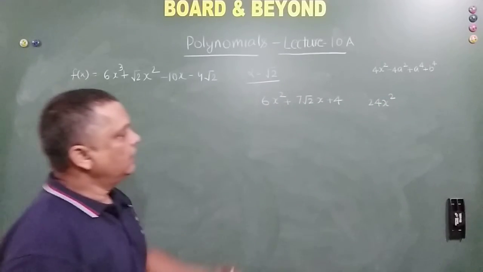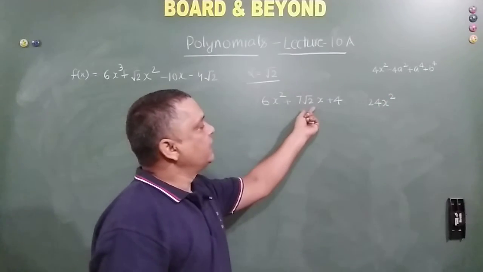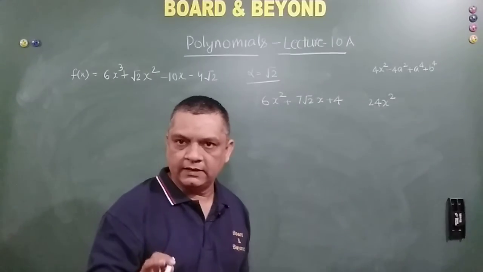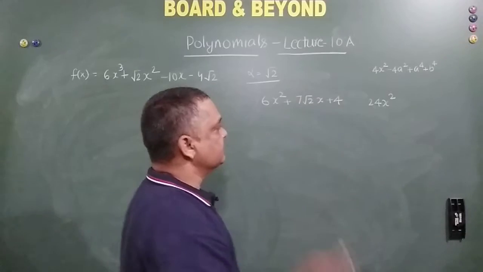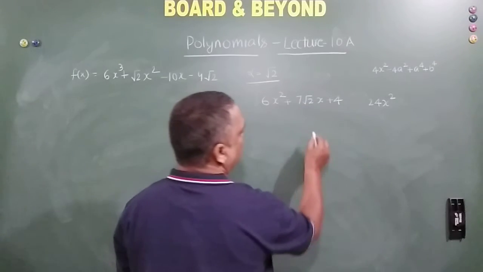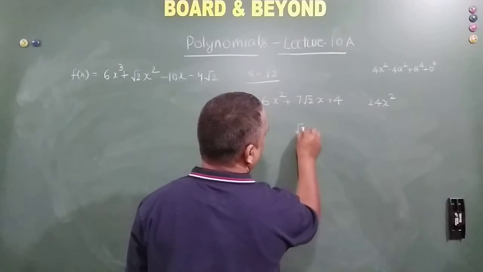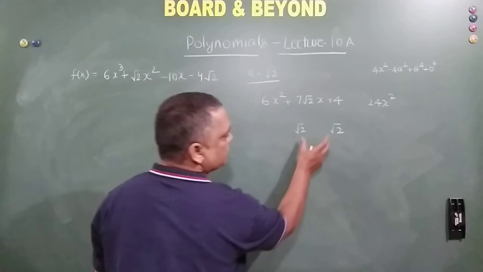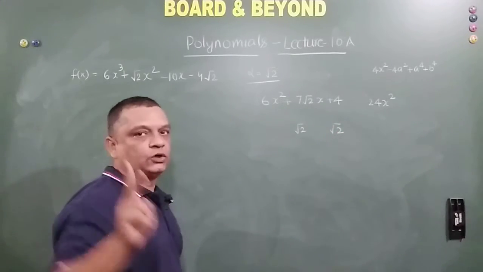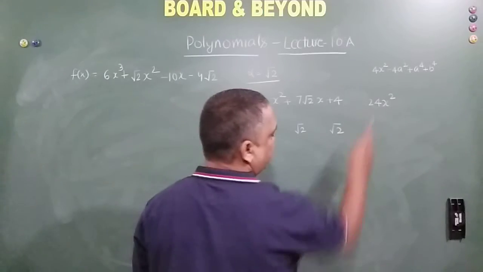Now see, we need to get root 2 here. So for getting root 2, in both the factors what I should have is root 2 and root 2. So I have taken 2 out from this 24, remaining is 12.